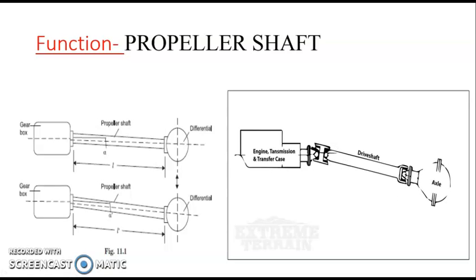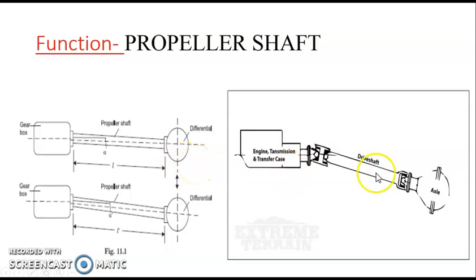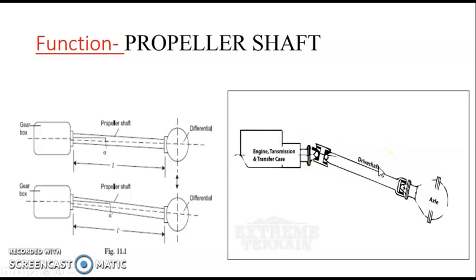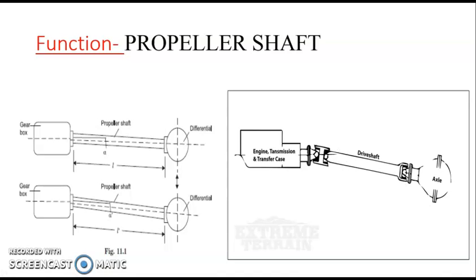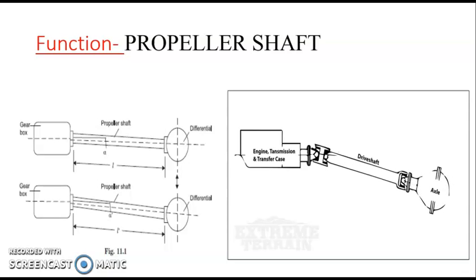So the only possibility is that we can change the angular distance of the propeller shaft, and to adjust this length of the propeller shaft, splines or slip joints are provided at one end.